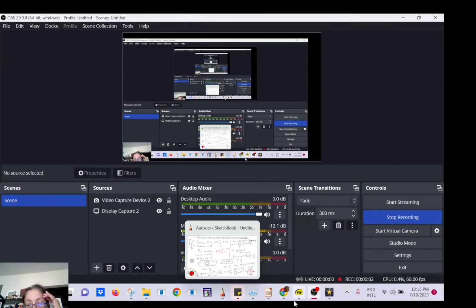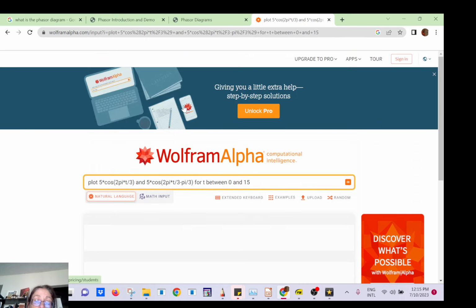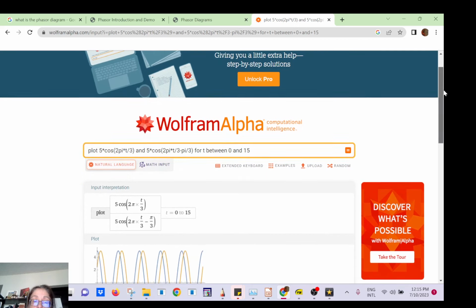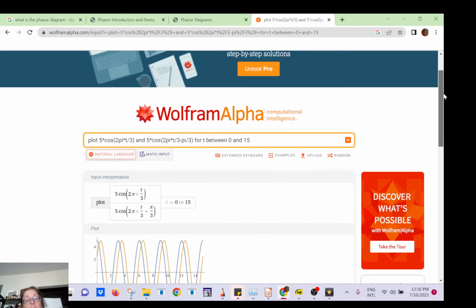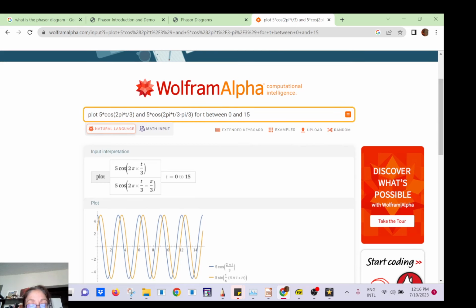Okay, so let's go back to my example here. And we were minus pi over 3. So pi over 3 is 60 degrees. Okay, so 60 degrees is half of 2 pi over 3. So in 1 second, again, it's the angular frequency 2 pi over 3.